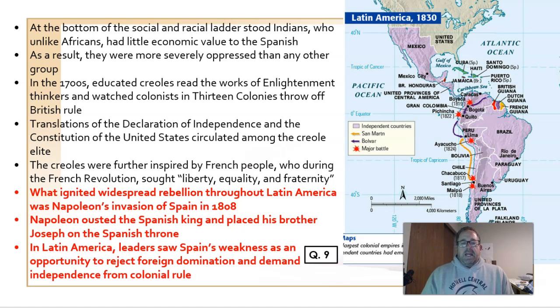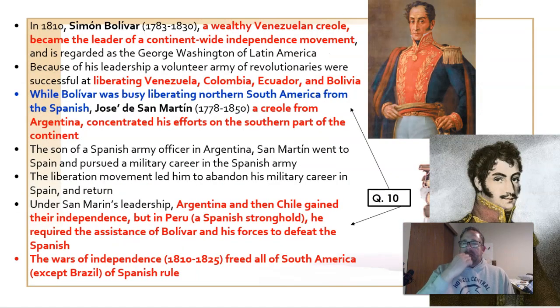In Latin America, the Creoles took this as a sign that the Spanish monarch was very weak, and so his hold on Latin America must be just as weak. That's what kicks the independence movement in Latin America into high gear.